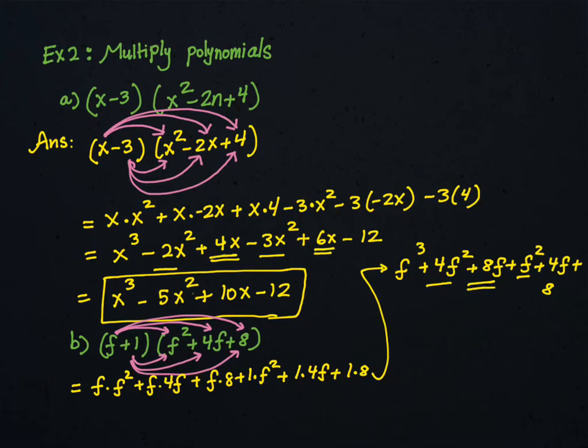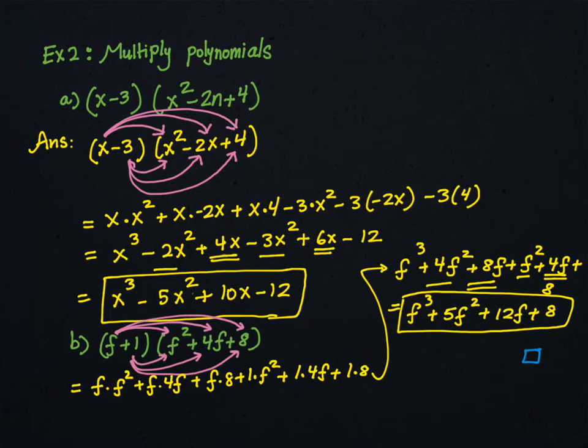Combining like terms, f cubed plus 5f squared plus 12f plus 8. Okay.